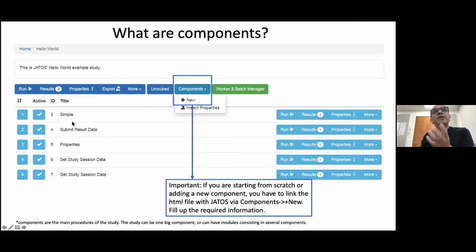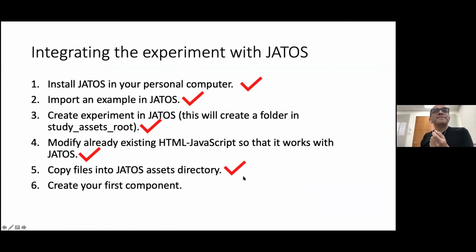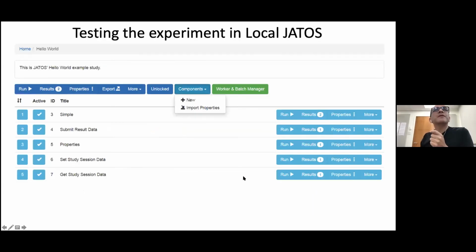So it's important that you create your component and you link it to your HTML file. That is the main thing when you create your experiment in JDOS. Well, we created a component. It didn't work, but I'll fix it in a minute.